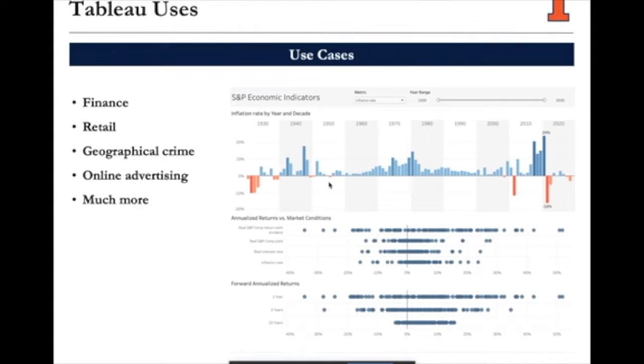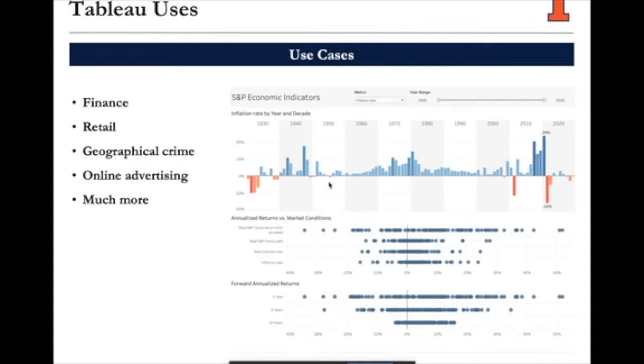Okay, now let's discuss some of the ways that you can use Tableau. I'm just going to show you a few graphs from the Tableau team that demonstrate how you can use Tableau to create really compelling data, either with cloud-based data or data that you have personally on your computer.